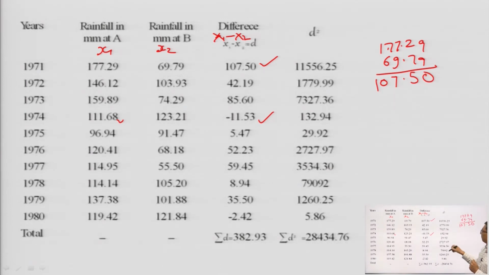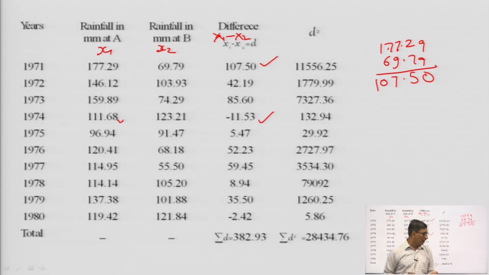In the second step, we square the d. D is the difference. So, 107.50 squaring will be equal to 11,556.25. So, next is 1,779.99 and so on, and we find the sum of d square.